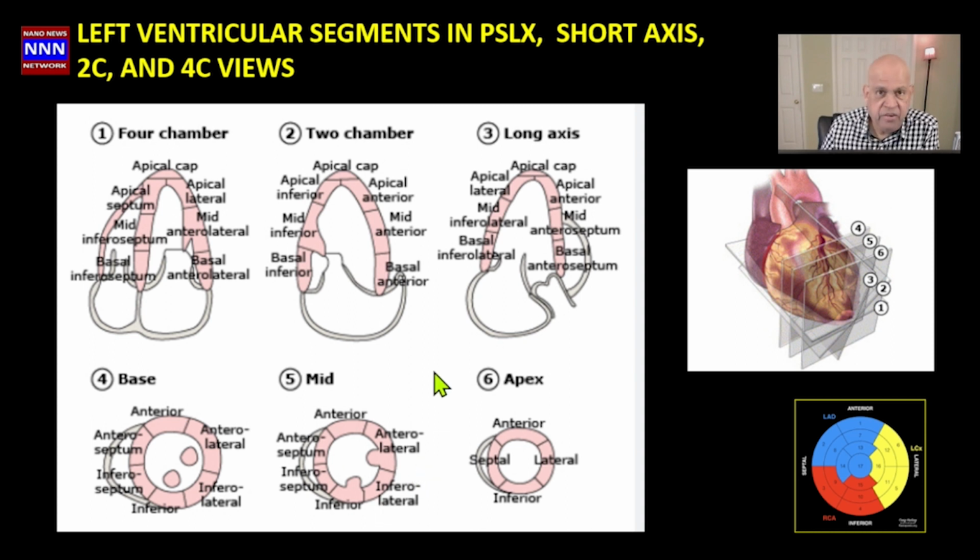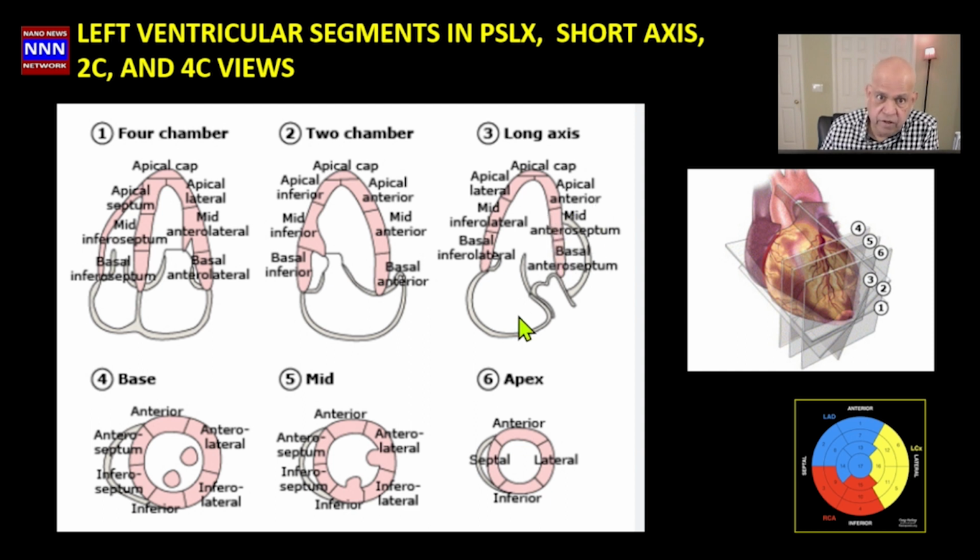So if you have an anterior infarct from an LAD, then you look for areas involving the anterior wall, anteroseptal area, which means you will be looking in a two-chamber view where you see the anterior wall, and that's where you will see that one. And if you're looking for the septal involvement, you can see that in the parasternal long axis.